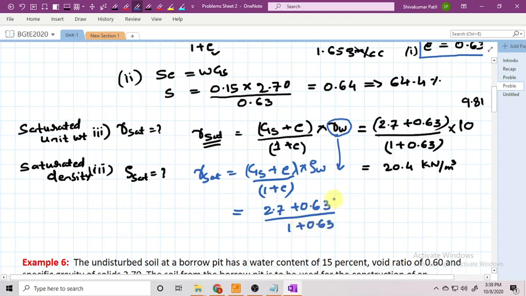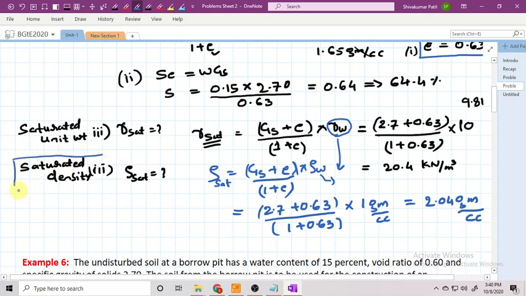The difference is rho W, which I can take as 1 gram per cc. Now I will get 2.04 gram per centimeter cube. This is the rho sat, that is the saturated density.